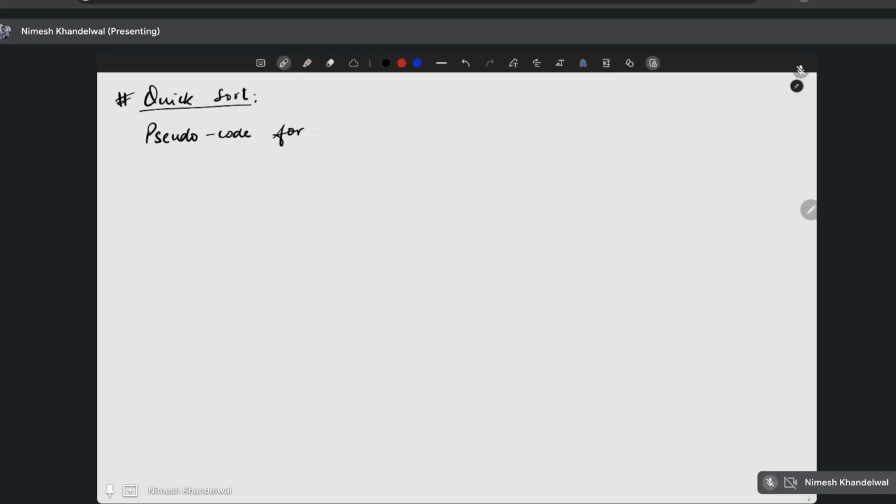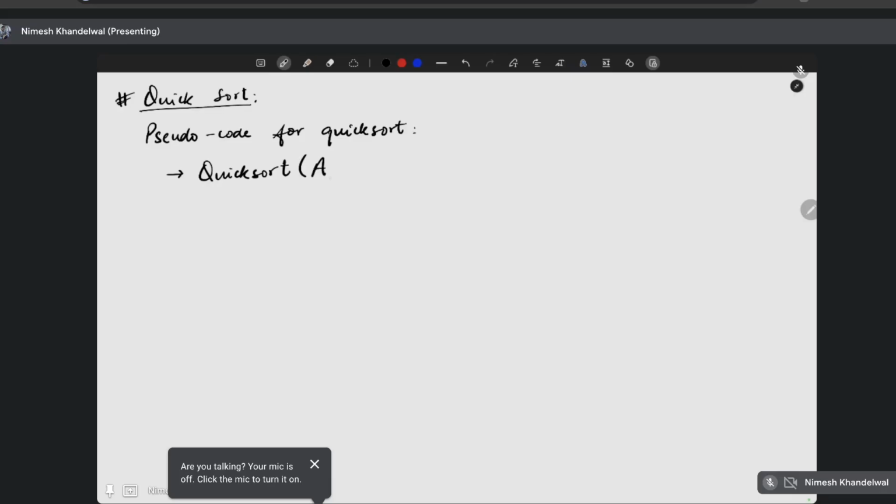So the pseudocode for quicksort is, basically we quicksort an array with given indices p and r.